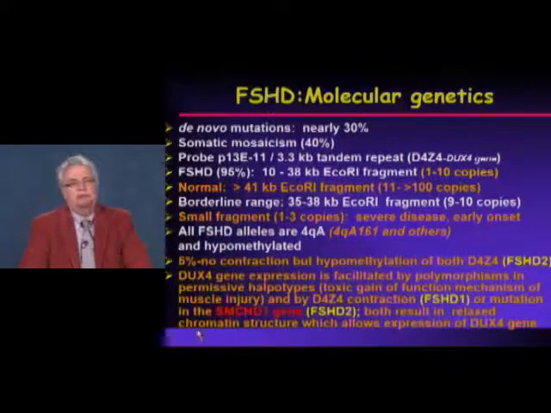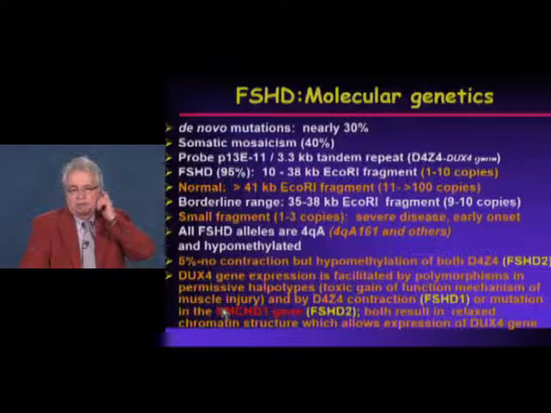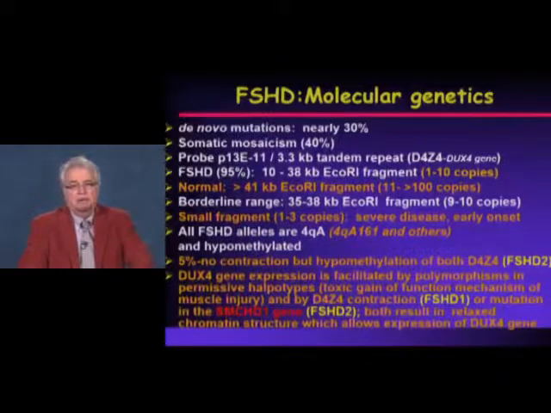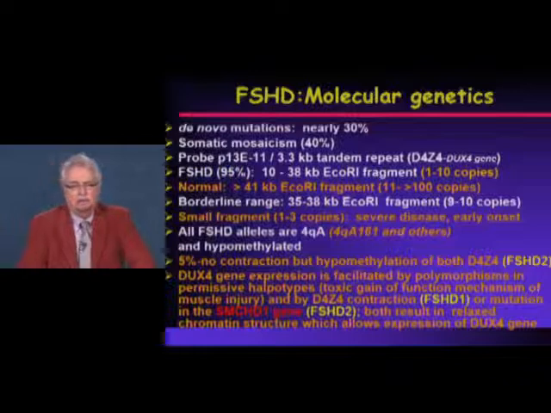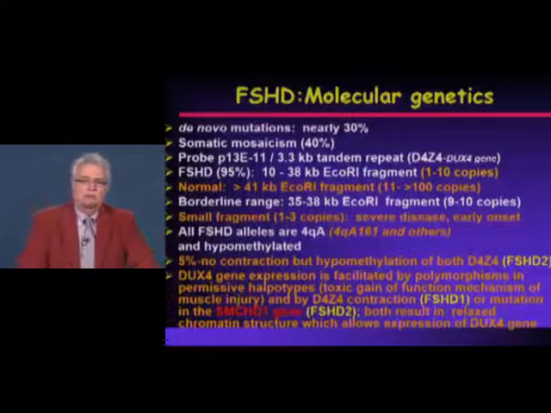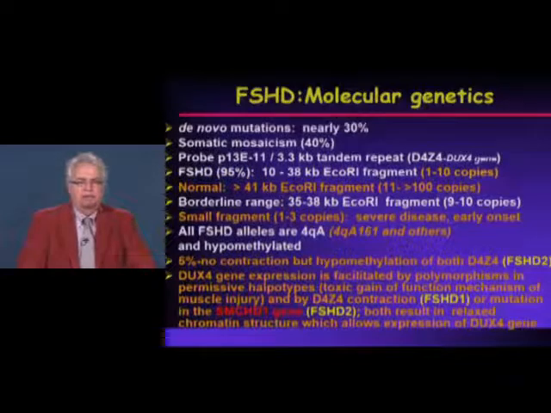The reason for the development of muscular dystrophy is that when this particular gene is expressed, or the expression is facilitated by polymorphisms in that area of the permissive haplotype that allow the transcription and translation of DUX4, you have production of DUX4 protein, which seems to have a toxic gain of function effect and creates muscle injury in patients who have D4Z4 contraction, FSHD1.